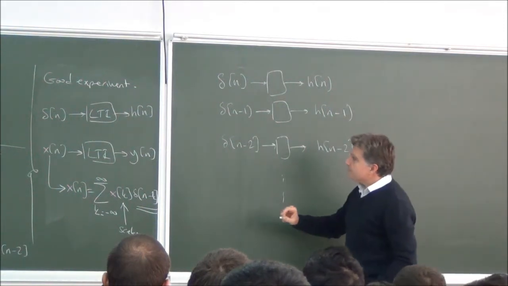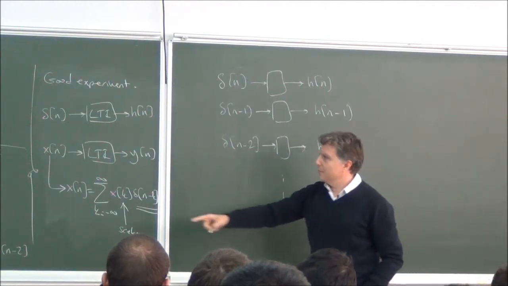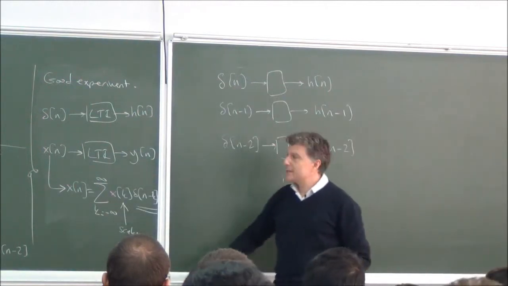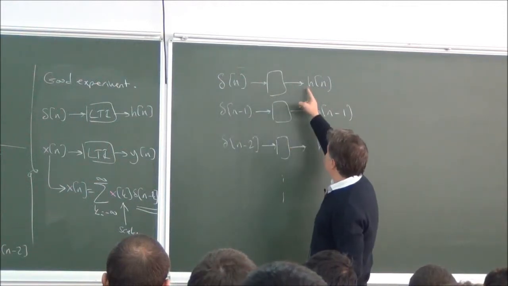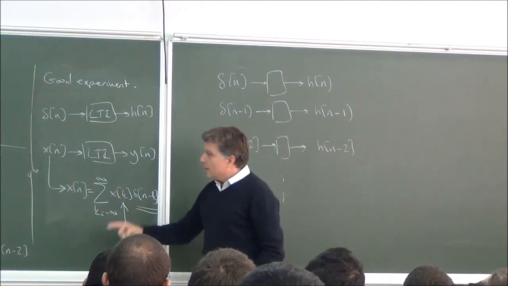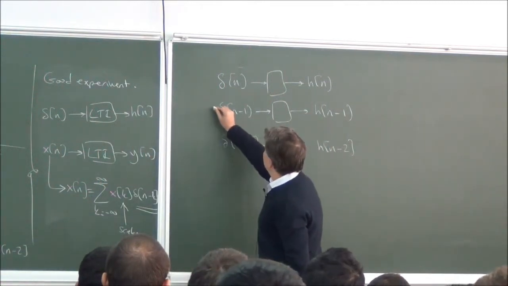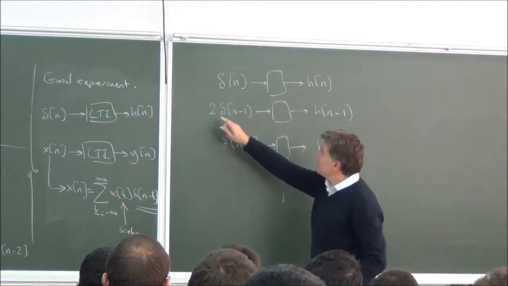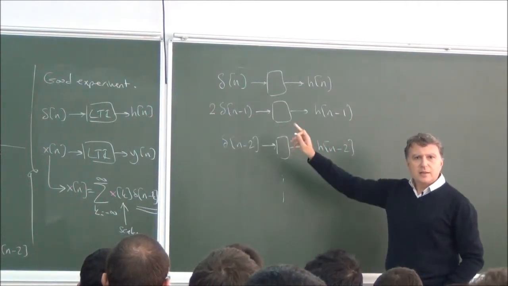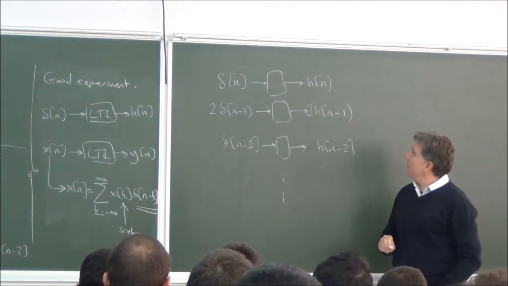And then this x of n is multiplied by 1 for this quiz question example. So the output is 1 times h of n. Then in the input we have 2 delta n minus 1. So the input is not delta n minus 1, but it is 2 delta n minus 1. Then what can we say about the output? 2 h of n minus 1.